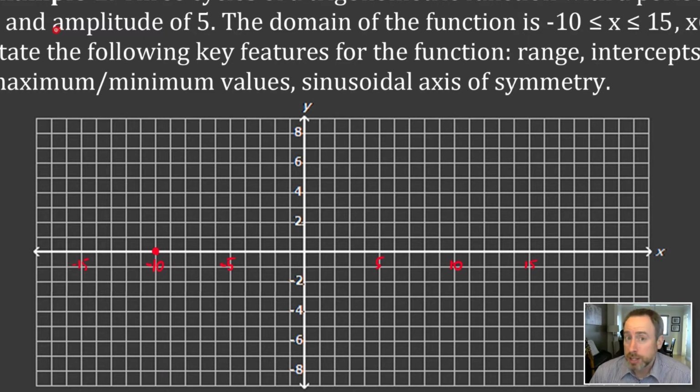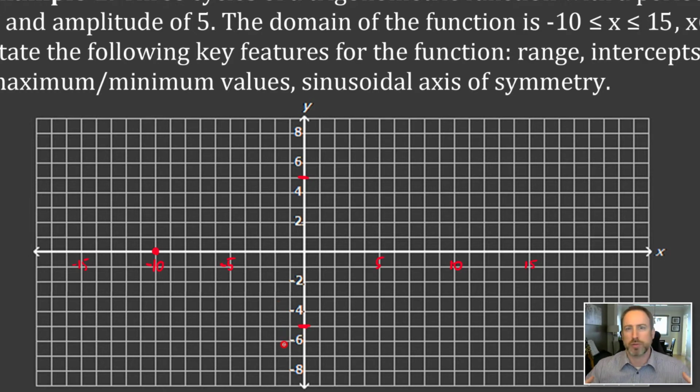Now they did tell us what the amplitude is. And the amplitude you can think of as the distance to the maximum and the distance to the minimum. As this periodic function comes up, it's only going to ever get as high as 5. So let's keep that in mind. The highest value we're going to get to is 5, and the lowest value we're going to get to is -5.